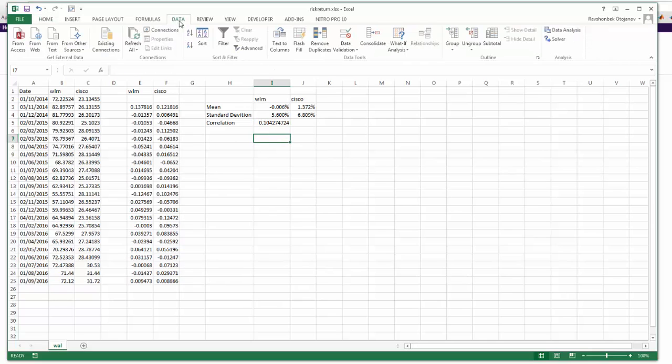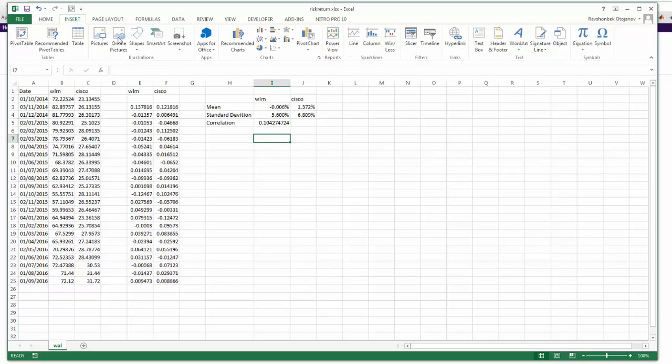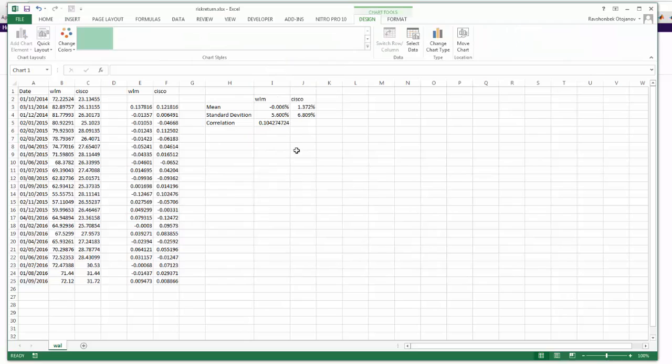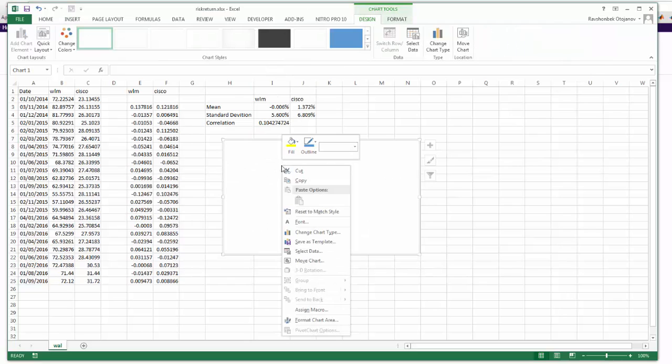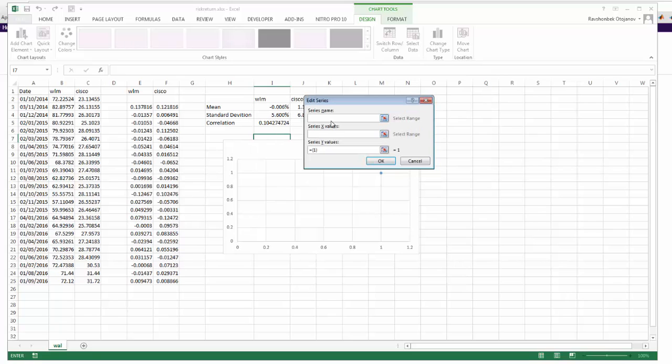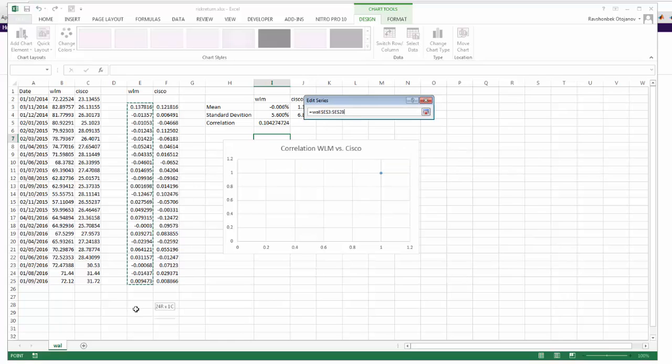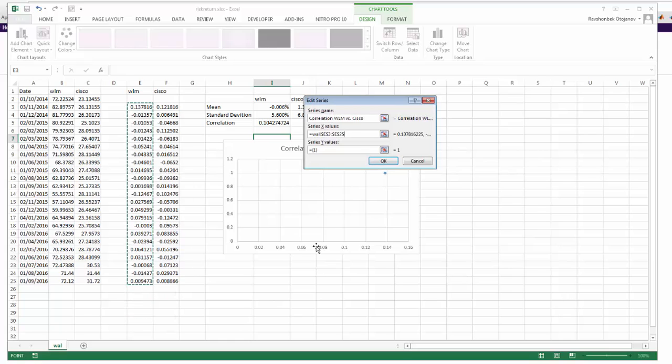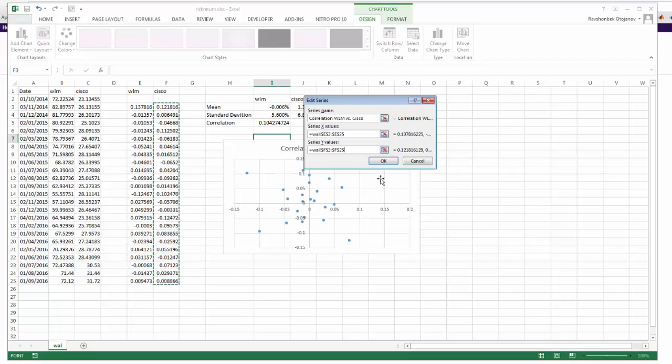You can have a look at the correlation graph as well, to see how it looks. So if I go to data, insert, go to scatter graph, right click, select data, add. Now here I could say correlation, Walmart, and let's say this is Cisco. For the X range I could put Walmart, or whichever one I want, it doesn't matter here, because we are not doing deviation at this stage.